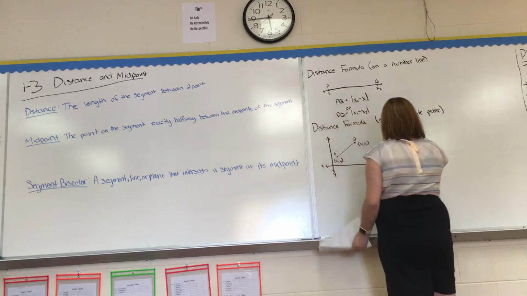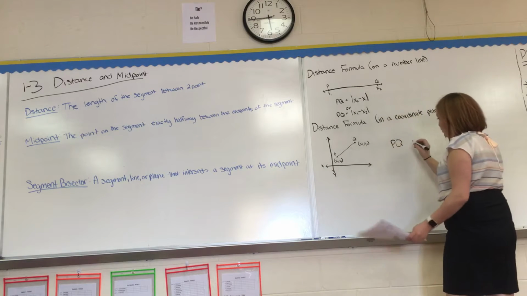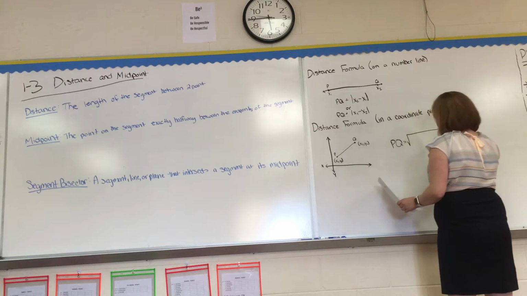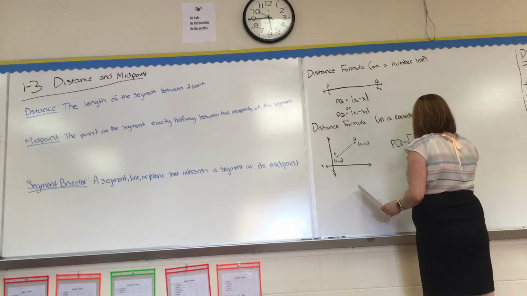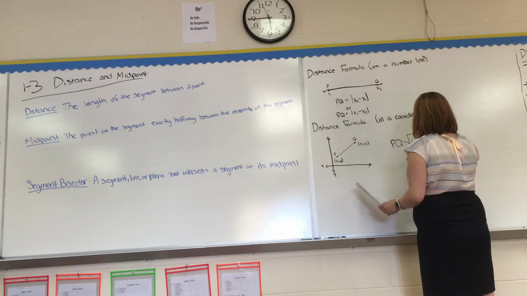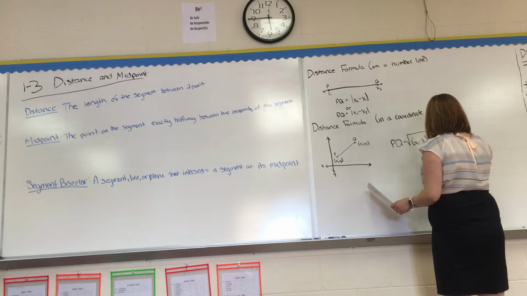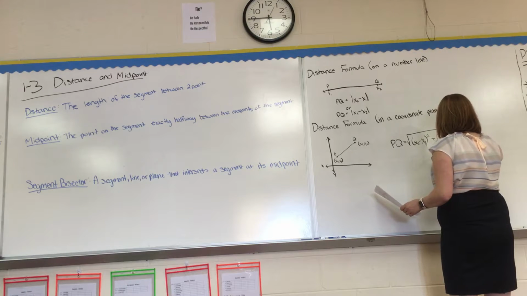So the formula for this is PQ, the distance of the whole thing, equals the square root of x2 minus x1 squared plus y2 minus y1 squared.